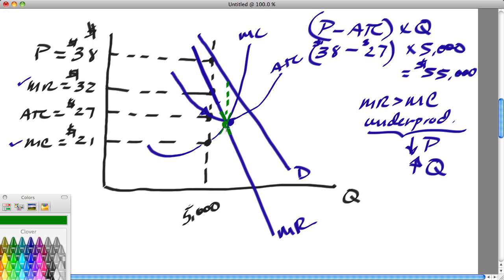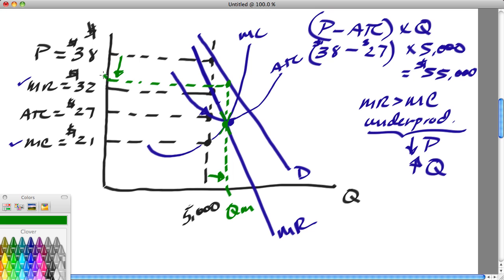Now, let's read from the demand curve down through that point. Notice where MR equals MC, that's going to be the quantity where the firm should operate. So this firm needs to produce more. But this firm is a price maker. How is it going to induce buyers to buy more? It has to lower its price.